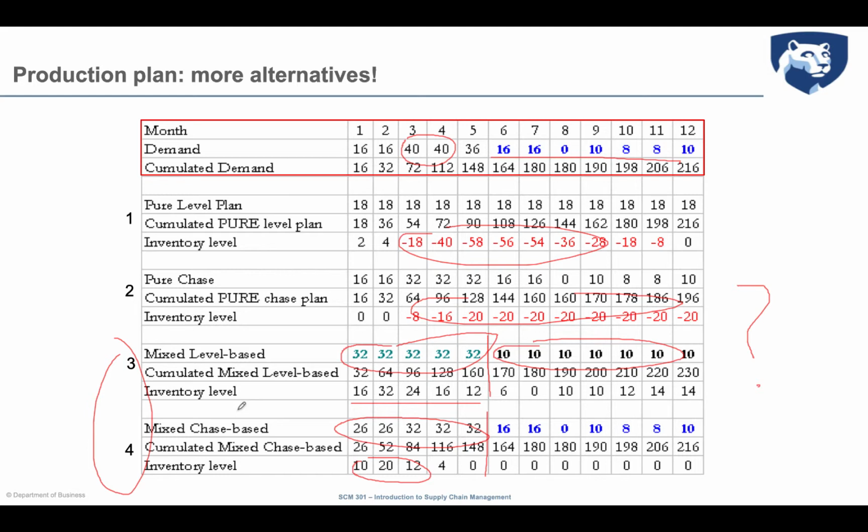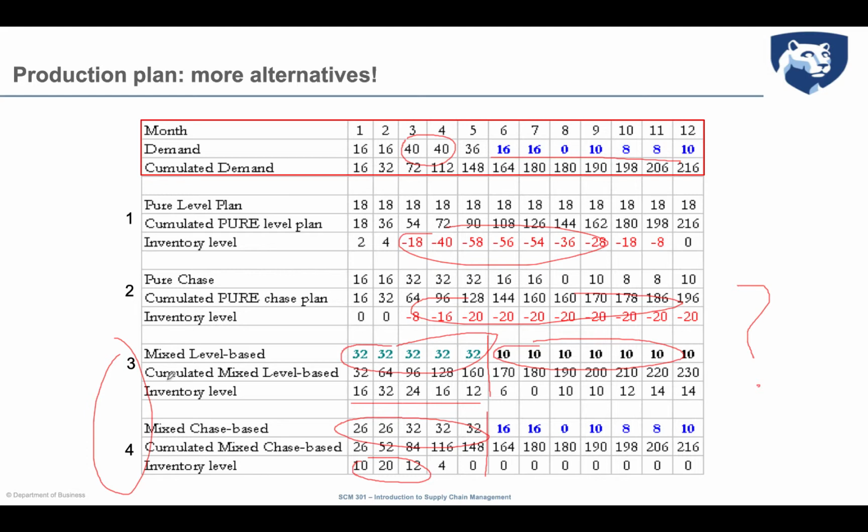The prerequisite of each plan is that they need to be able to satisfy the market demand, which is correct because they don't have stock out. Once these, let's say, entry requirements are met, the decision between two different plans is based on the cost that the overall plans are implying for the production system. So what you have to do in order to decide between 3 and 4 is do an economic evaluation.